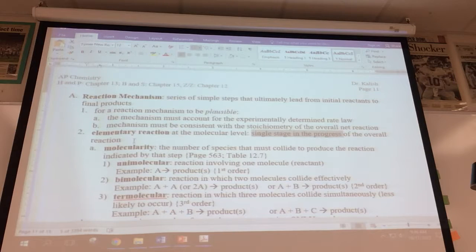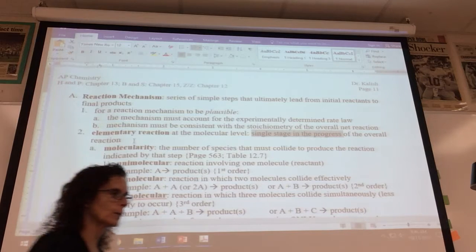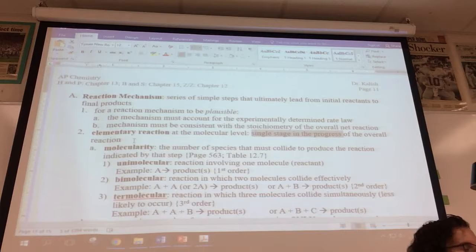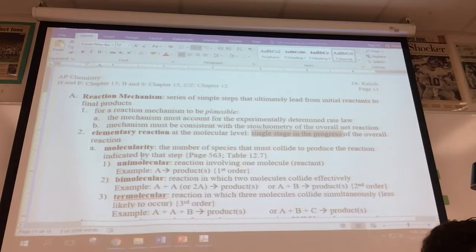And if I add all of that up, it'll equal the total. So I'm going to look at those different steps, and whichever step took me the longest is the slow step, the rate determining step. When we consider slow steps, we want to look at reactants in these elementary steps.